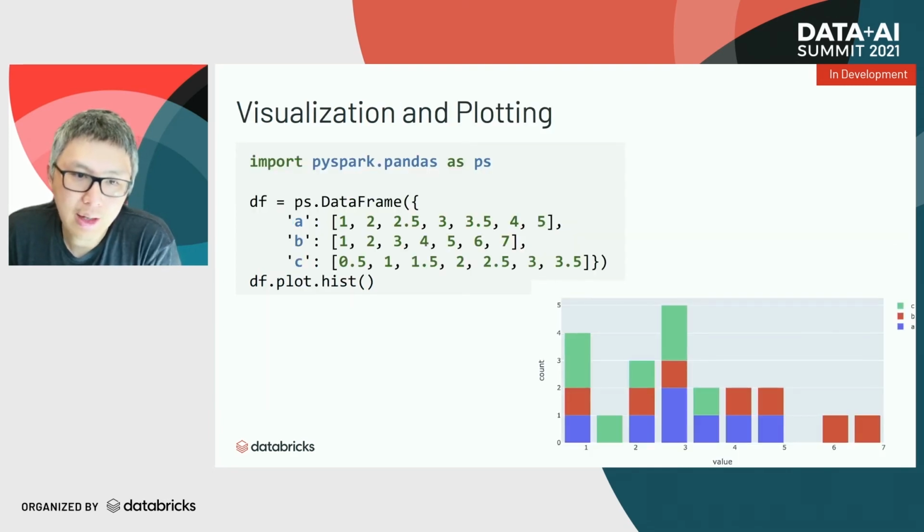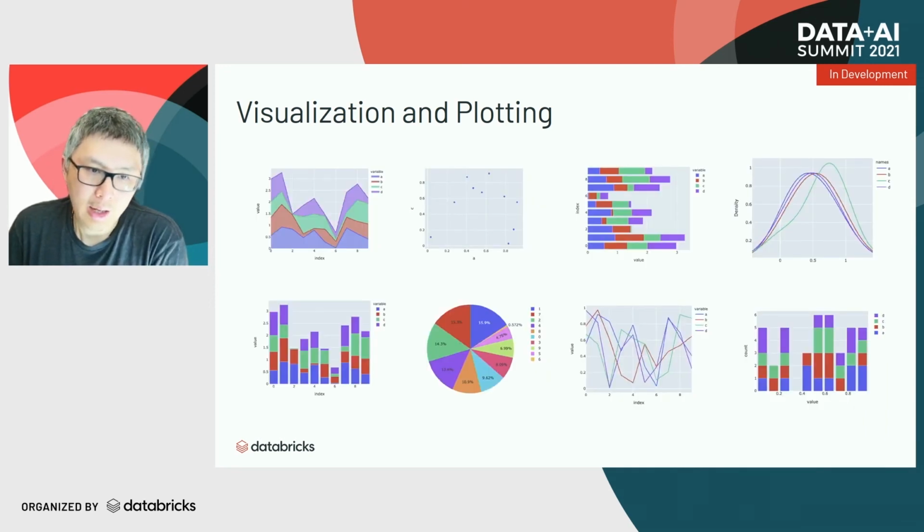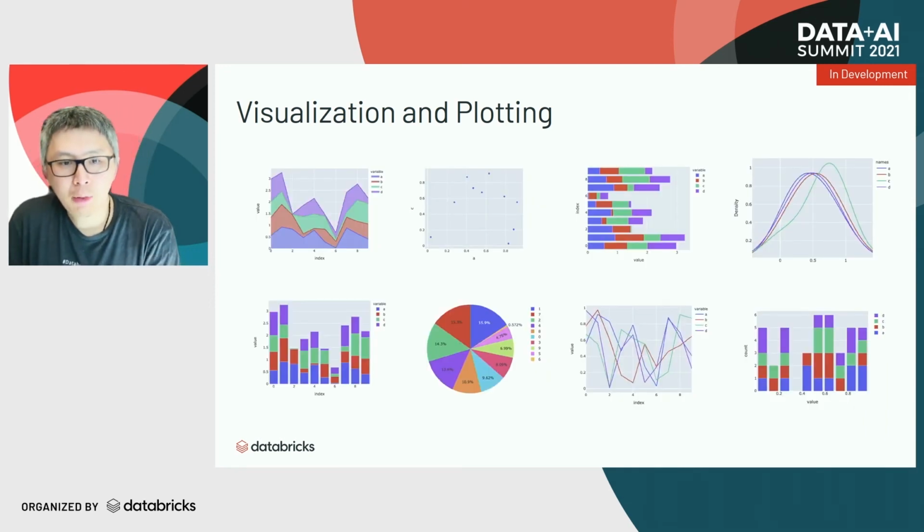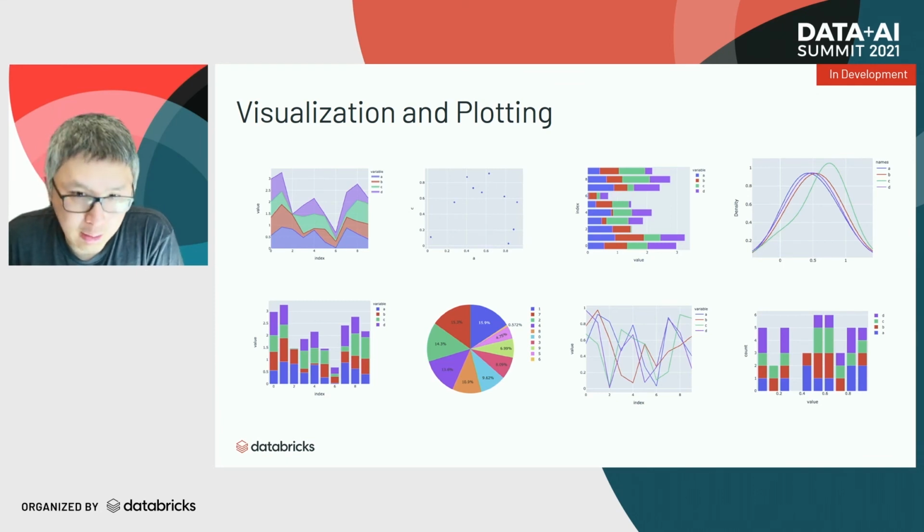This is another example using the pandas API on Spark. We can visualize a PySpark data frame with one histogram. We support 2 plotting backends. By default, it is Plotly, but you can also switch to matplotlib. The pandas API coverage in plotting capability has reached 90%.